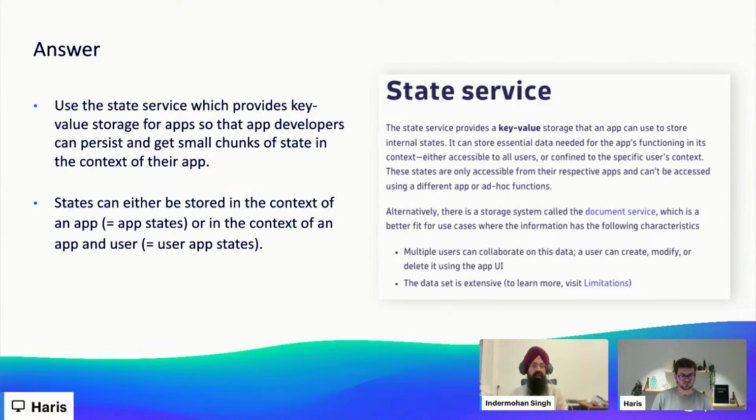But if you imagine that you are storing a user's preference, say I want pagination on a table always set to 10, and another user wants it set to 20, in this case you want to use user app state, because what I store will be stored only for me, and what Haris, you, would store for preference would be stored only for you. That's, in a nutshell, the difference.